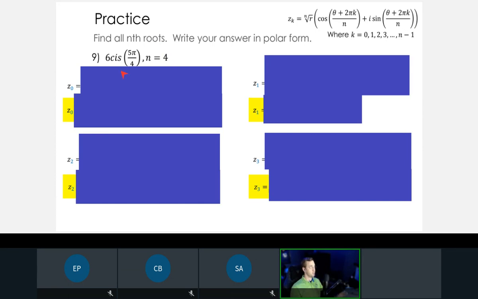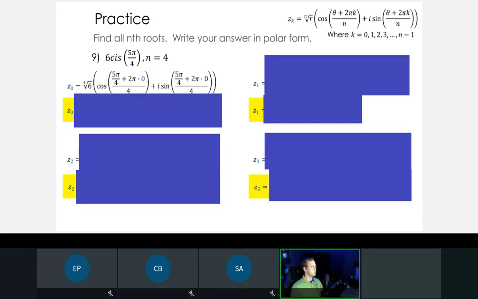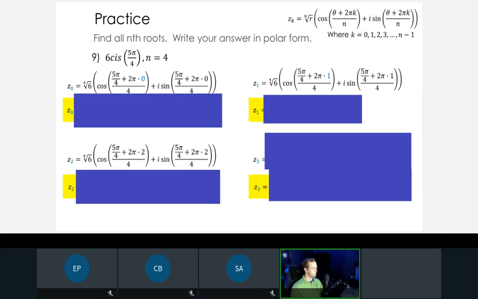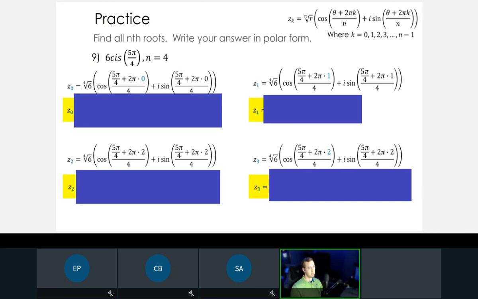And if you set this up 4 times, 1, 2, 3, 4, you're doing good. If you only do this 3 times, we're missing one. If you have 5 and you look back and you say, hey, I should only have 4, well, you did too many, right? So 0, 1, 2, 3. And all we're going to do is just keep changing that k value. K is 0 here, k is 1, k is 2, and k is 3.